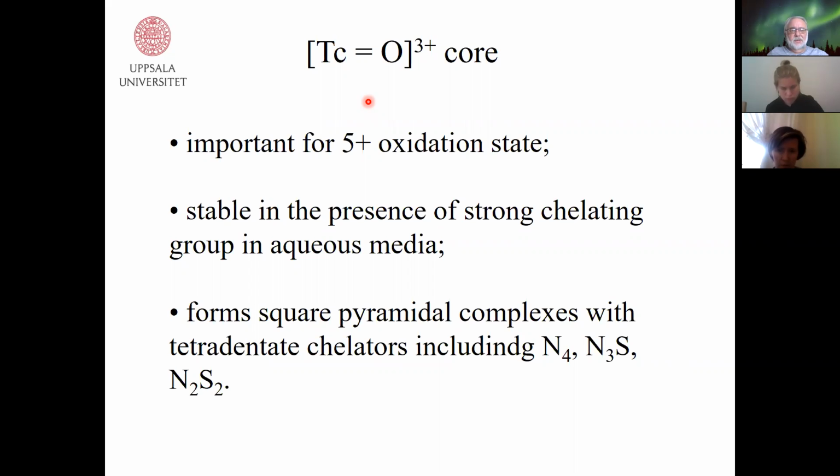So it's 5+, and from the chemical point of view, it is important that it is stable in the presence of strong chelating agents in aqueous media, which means that if we manage to put the technetium oxo core in our radiopharmaceutical, it would be stable in the blood.